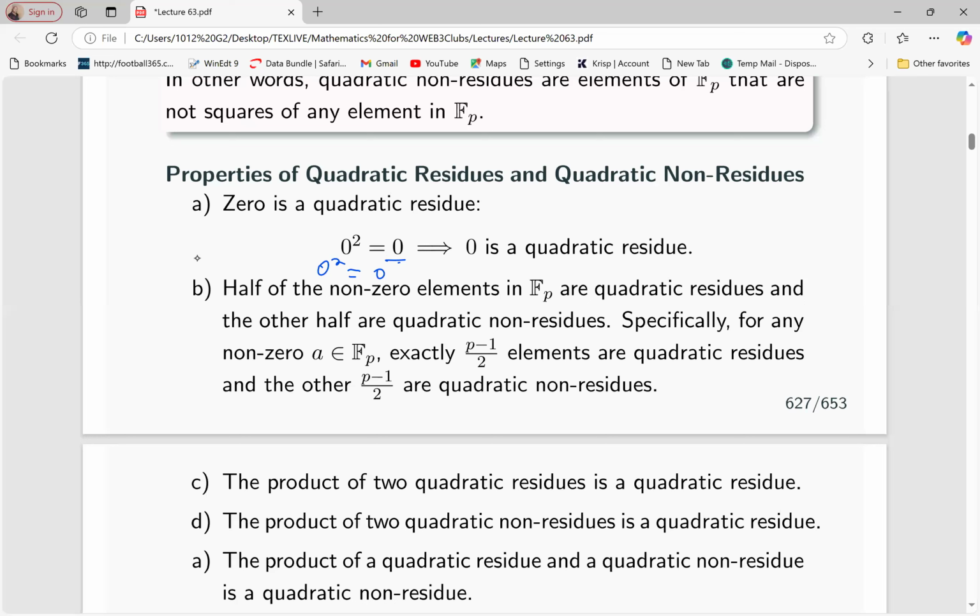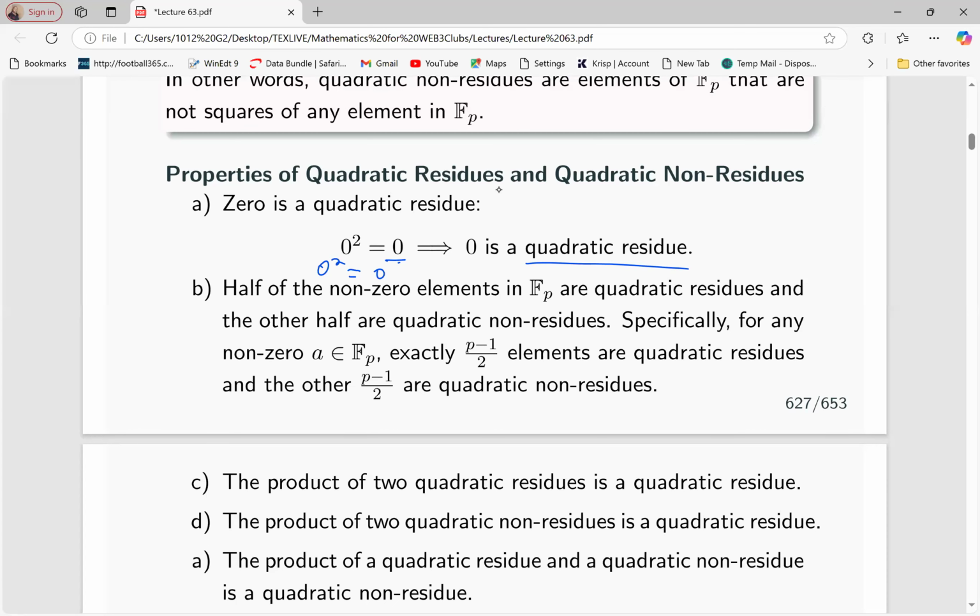That's the first number. We shall check other numbers as we go along, given a modulus, to see which ones have square roots and which ones do not. And of course, we'll see how this concept is important to us going forward.